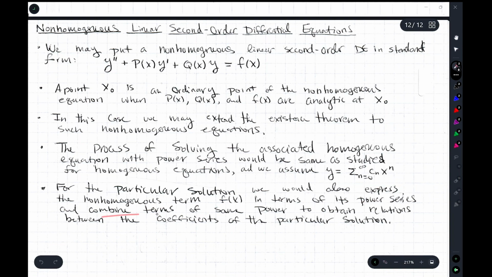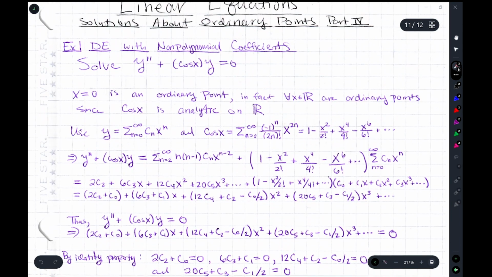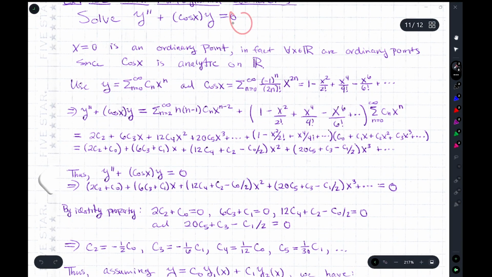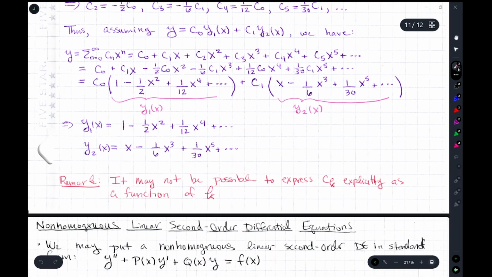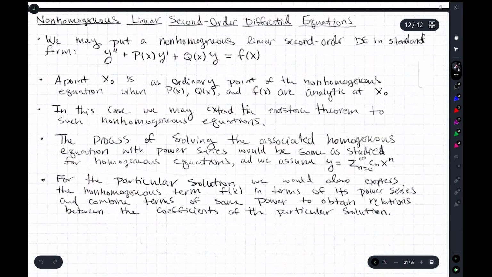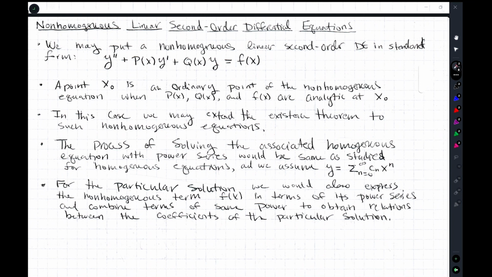So you would express that in terms of power series, and then you'll carry out that combination of terms, just as we've done with this non-polynomial coefficient, cosine x. But you would do that with something on the other side. You'll combine terms, use the identity property, get a recurrence relation, or just as many terms as you'd like. And that's how you would solve that in case there's a non-homogeneous term there.